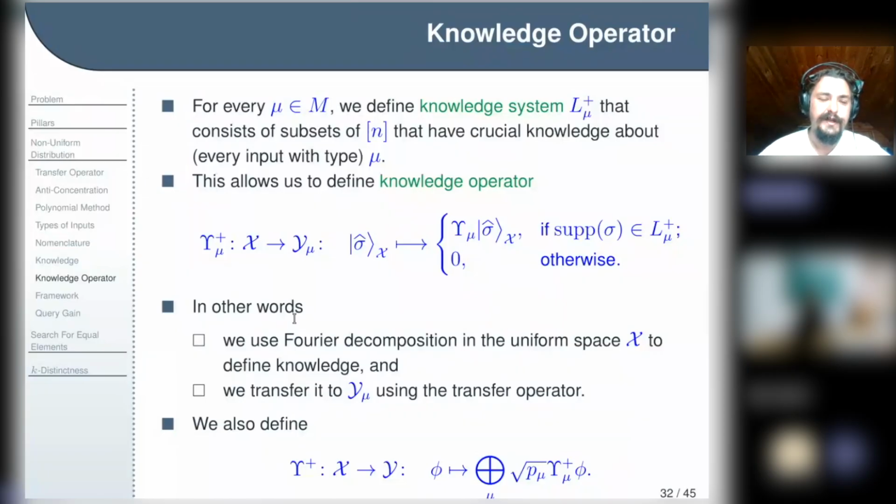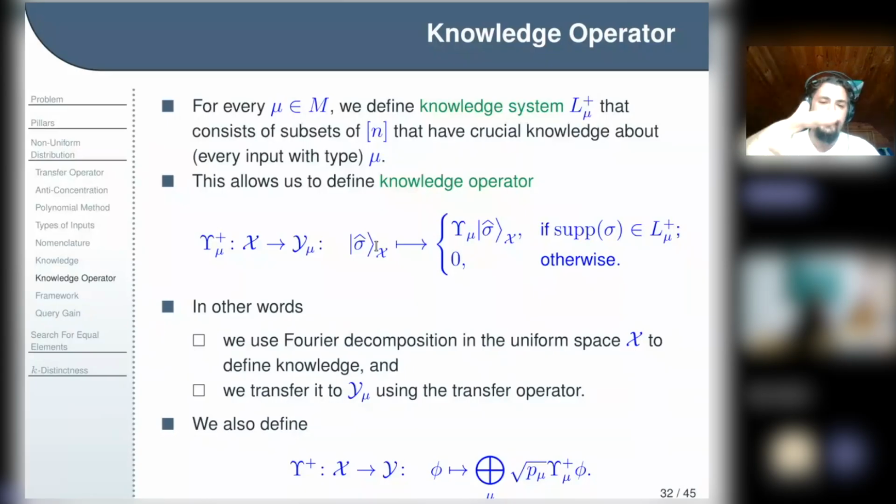Okay, so in other words, we use the Fourier decomposition in the uniform space X to define knowledge. That's because knowledge, as I said on a previous slide, the sigma hat, so the support of sigma, somehow shows which elements, which symbols of the input string the algorithm knows, in this branch of the superposition.